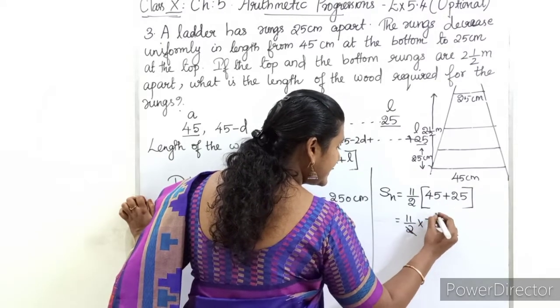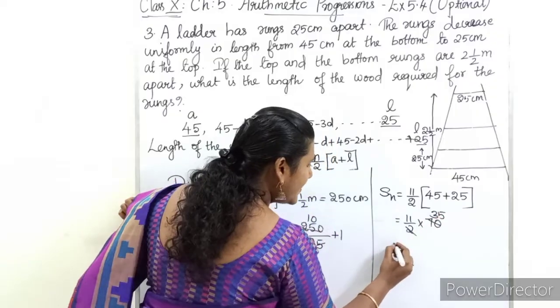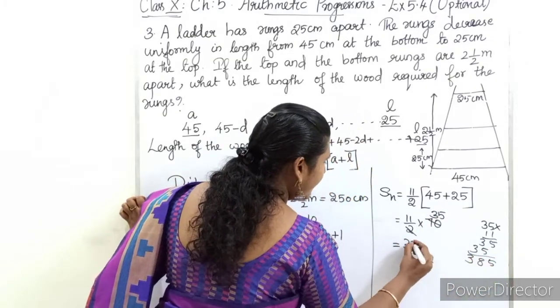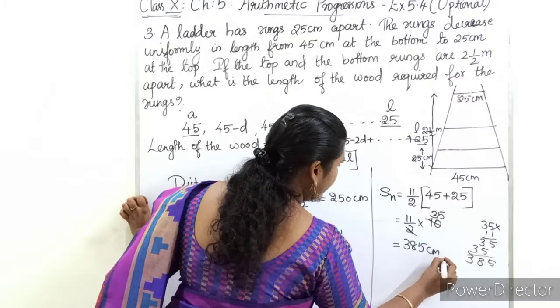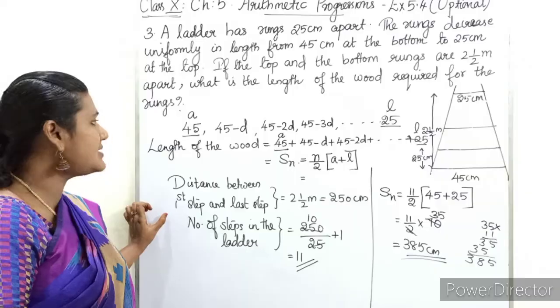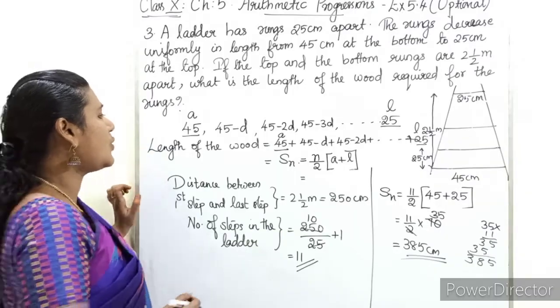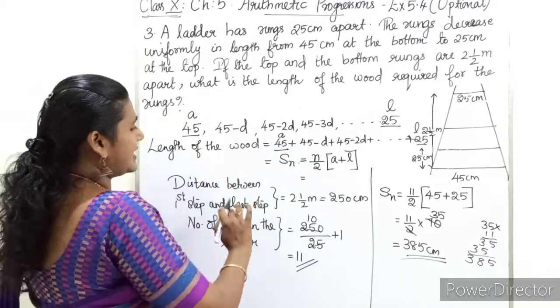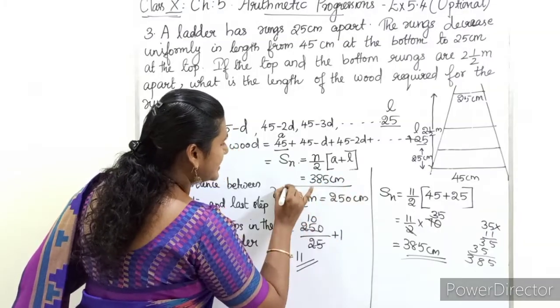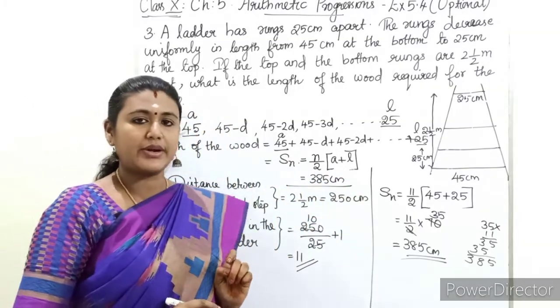We can cancel this, so 35 into 11, 385 centimeter. Here the unit is centimeter. So 385 centimeter is the length of the wood required for the rungs. So the answer is 385 centimeter. This is the total length of the wood required.